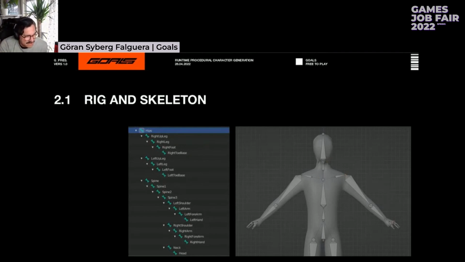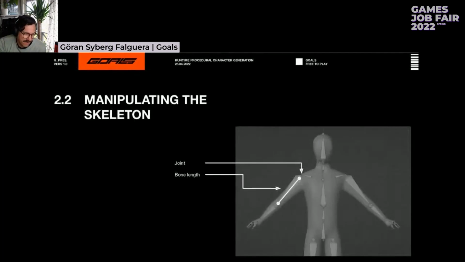As you can see in this image, this is a very standard setup where the rig or the skeleton is built up from the hip going outwards, so it goes up to the spine and then eventually ends up in the hands and the head, and the same for the legs. These skeletons are fully defined by the joints, which are these circles or balls, and the bone length in between them.